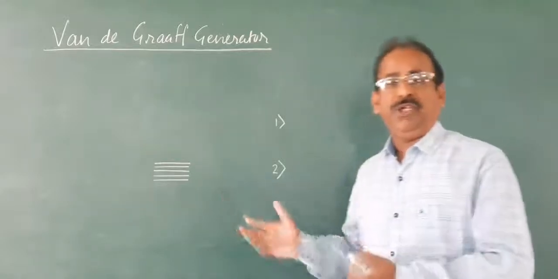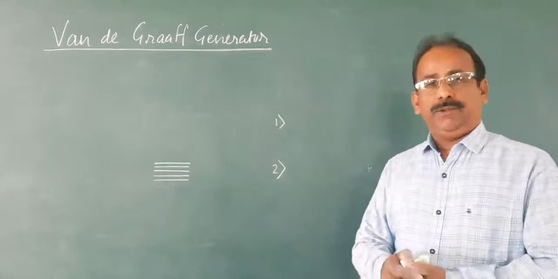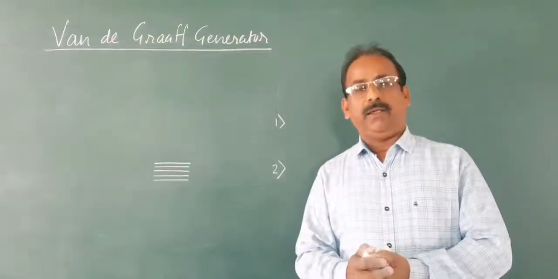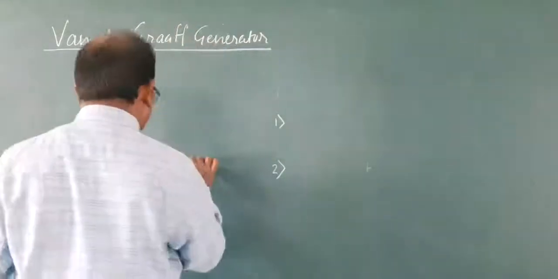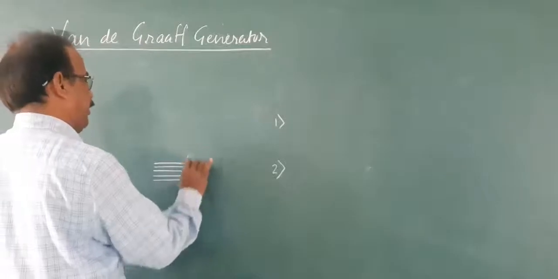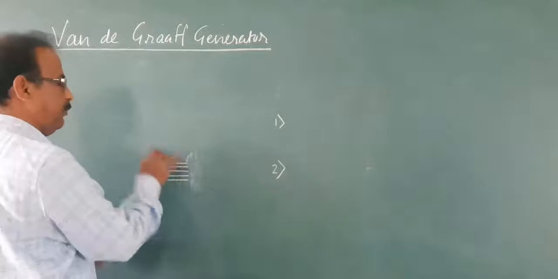When charge is given to such pointed conductors, what happens? These pointed conductors discharge the charge from there. Discharging of the charge takes place from this wire.